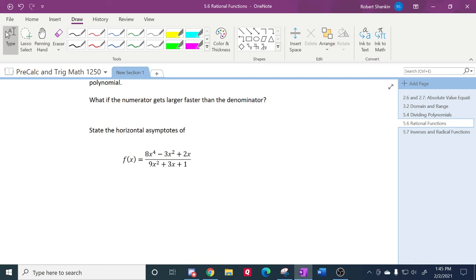Go ahead and input your answer to your group chat. See what other folks have. Okay, group 4, what do you say about the horizontal asymptote here?